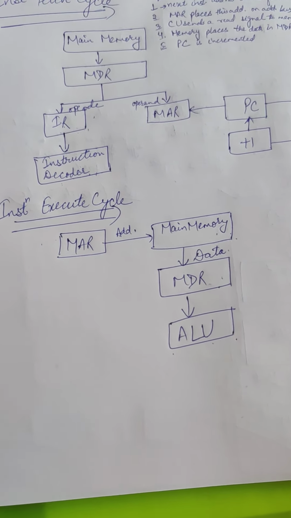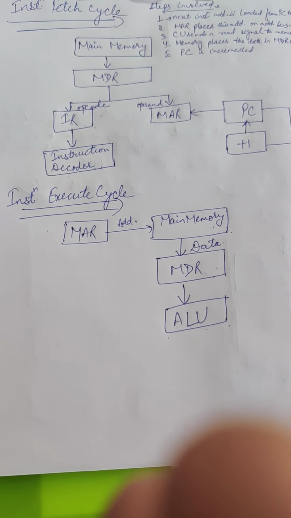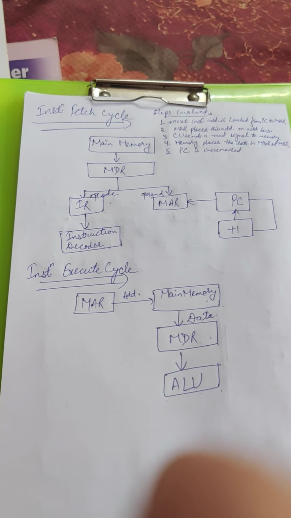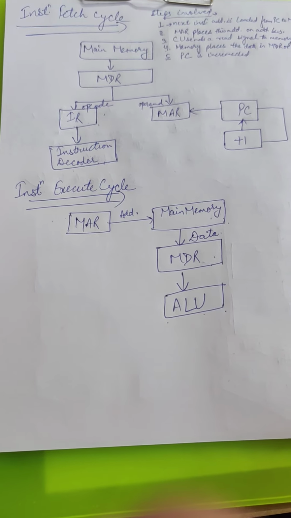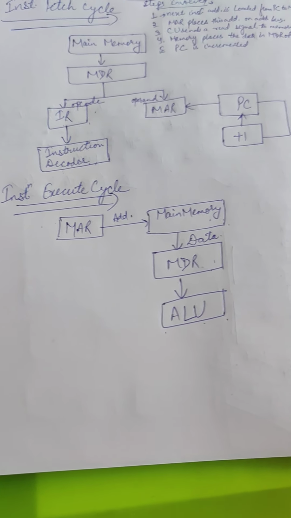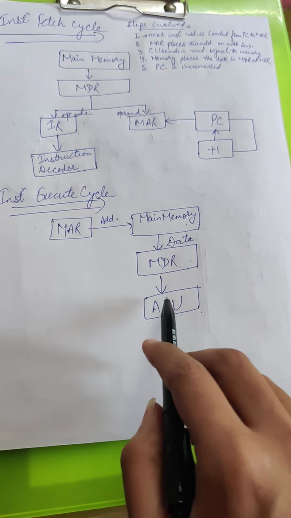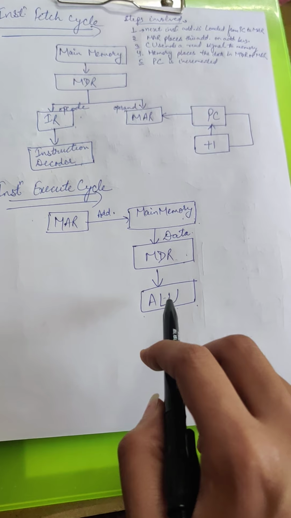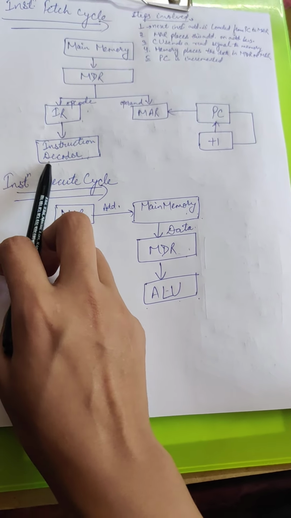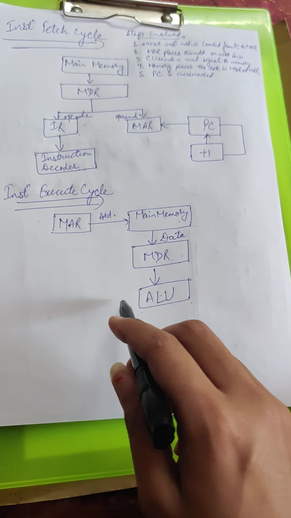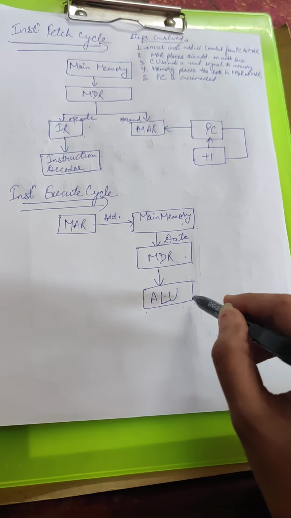So in this execution cycle, the operand part of IR is transferred to MAR, and the data is fetched into the ALU from memory, and then the operation code, which was decoded by the instruction decoder in the fetch cycle, is used for the arithmetic and logical operations in this ALU.